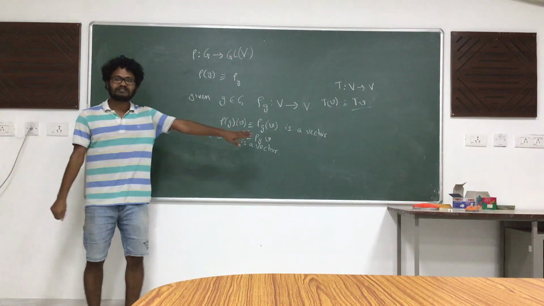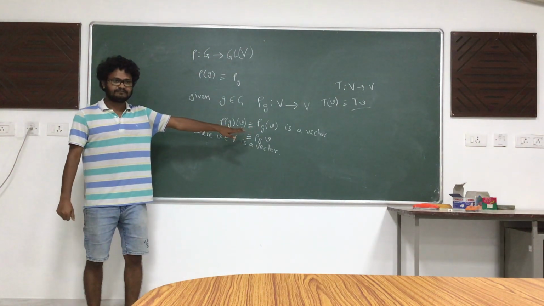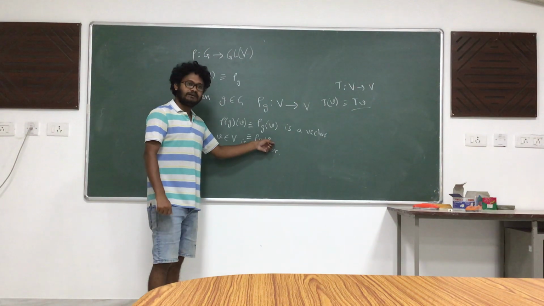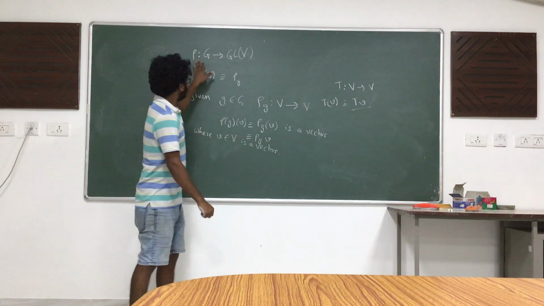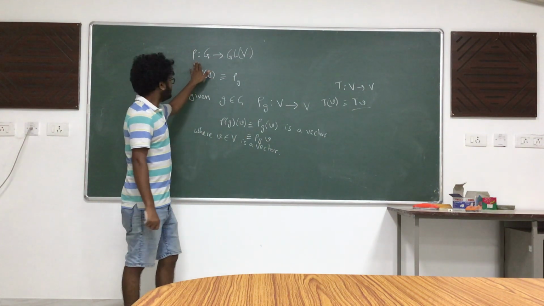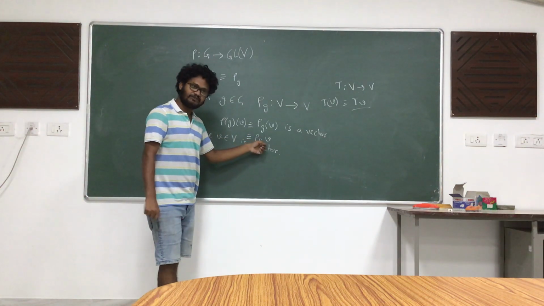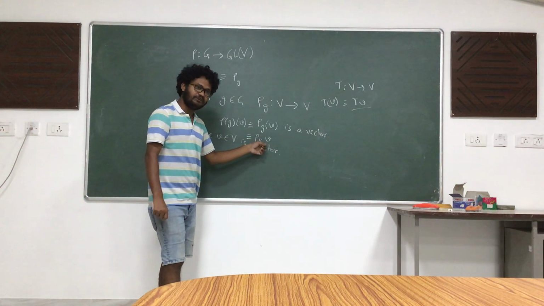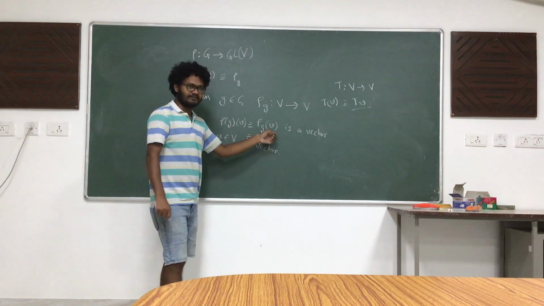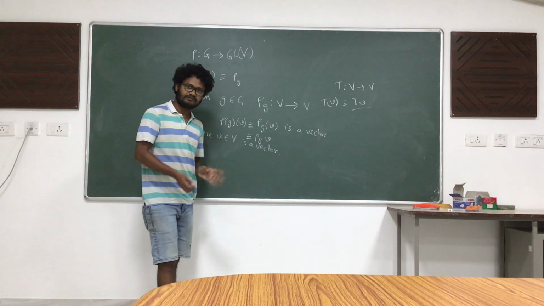Okay. So the notation is clear. Rho g v means rho is a representation and rho g is a linear transformation from V to V, which acts on a vector.